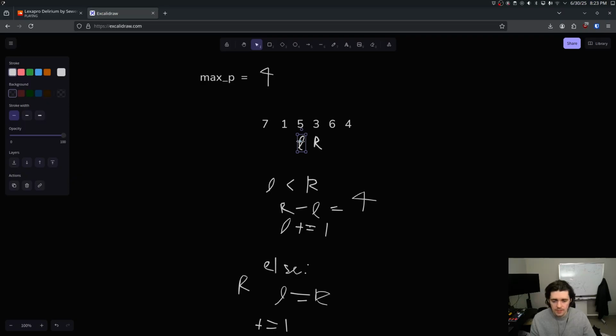Now we're at the next loop. L is not less than R, so then this will eventually move. 6 minus 3 is equal to 3, which is less than 4, no change there. 4 minus 3, no change there. I'm done. So that's basically it.